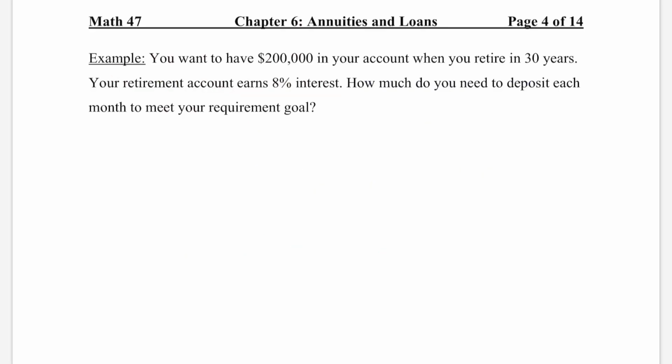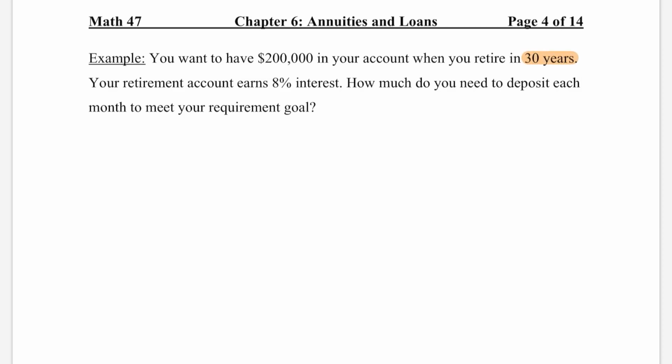Next example, you want to have $200,000 in your account when you retire in 30 years. Your retirement account earns 8% interest. How much do you need to deposit each month to meet your retirement goal? So I want to retire in 30 years.